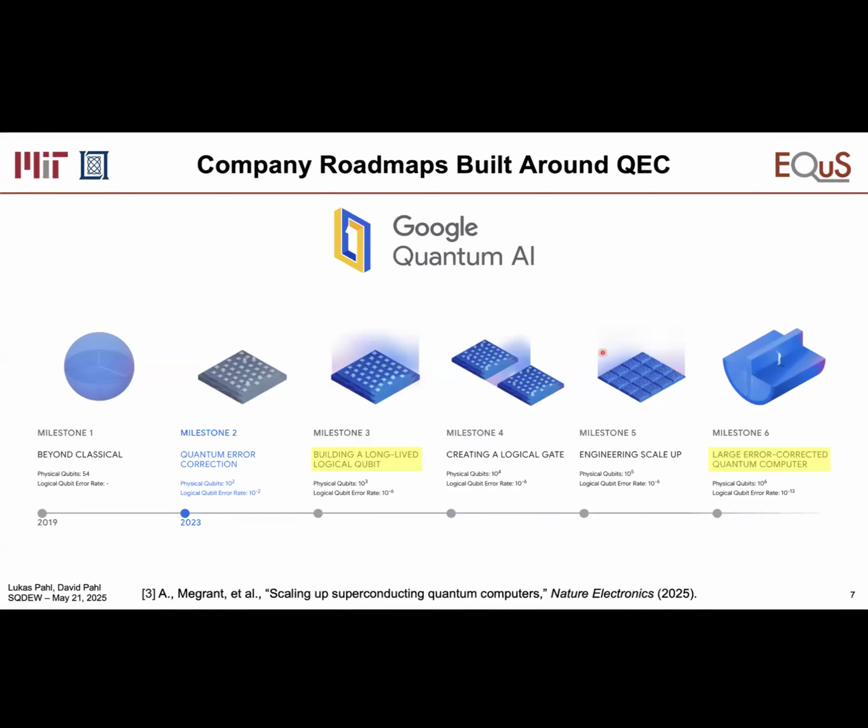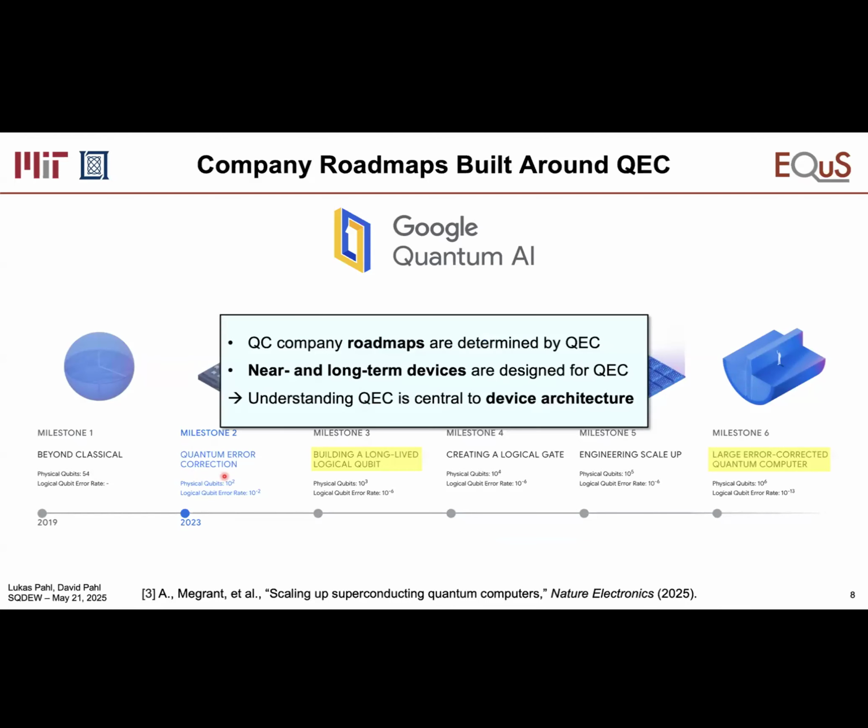Going over to Google, you see the same picture, where error correction dictates every single step of the roadmap. Every single device is built from start to end with error correction in mind. It is the only way that we are scaling these devices, and it tells you, top to bottom, what kind of device we want to build. Both near and long-term devices are designed for error correction, and so to get the architecture right, let's get a base level understanding.